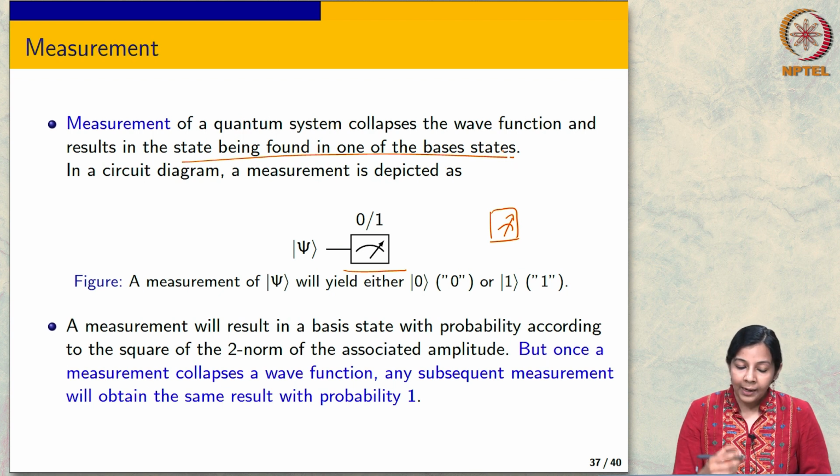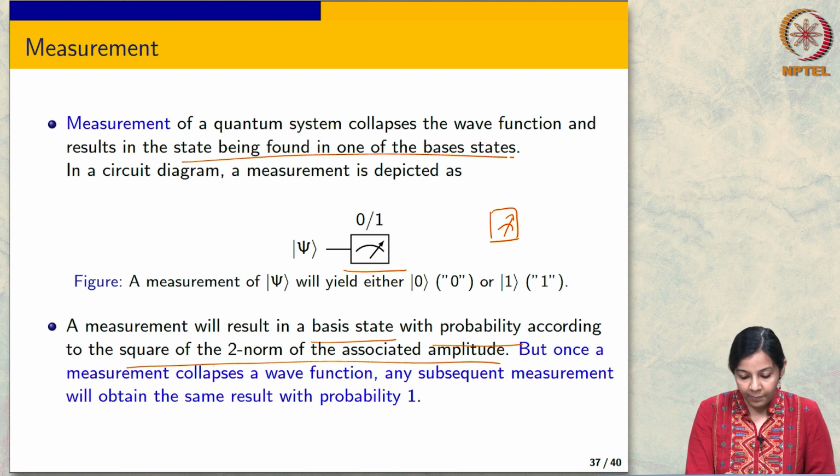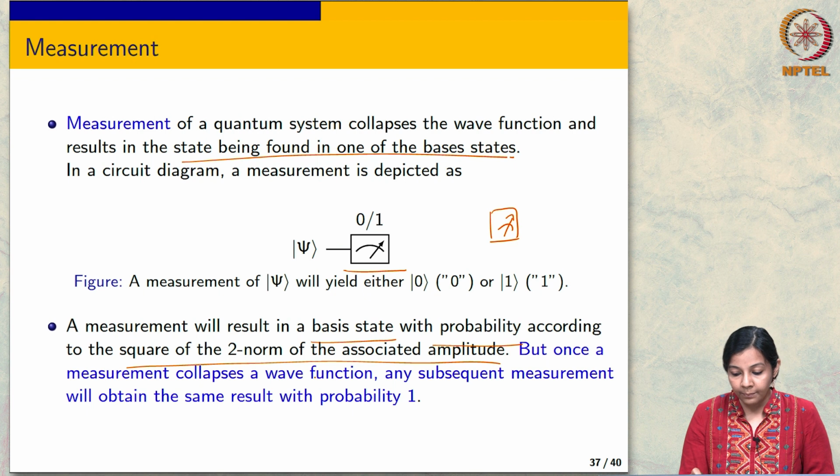And another simple thing which is worth repeating is that when you measure the quantum state, you get some basis state with a certain probability which depends on the square of the 2 norm of the associated amplitude. So here we are being a little careful because the amplitude can be complex.